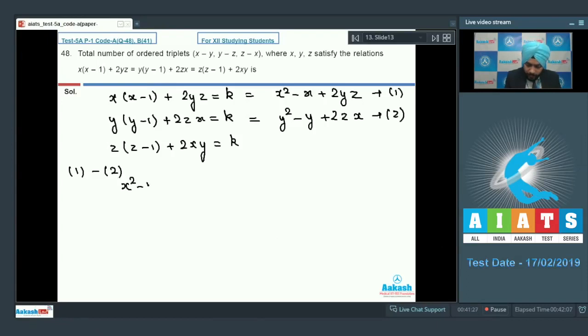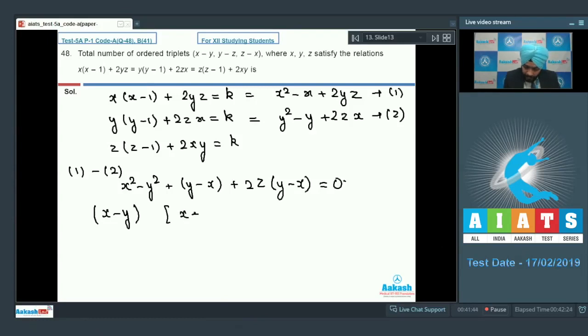x square minus y square plus y minus x plus 2z(y minus x) equals 0, which will give you (x minus y)(x plus y minus 1 minus 2z) equals 0.